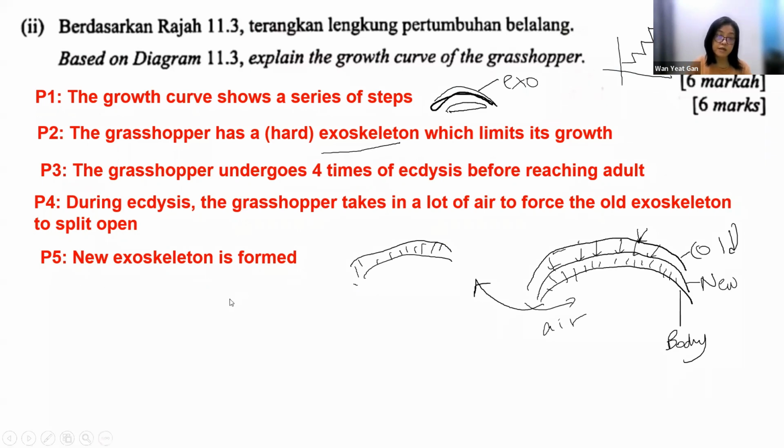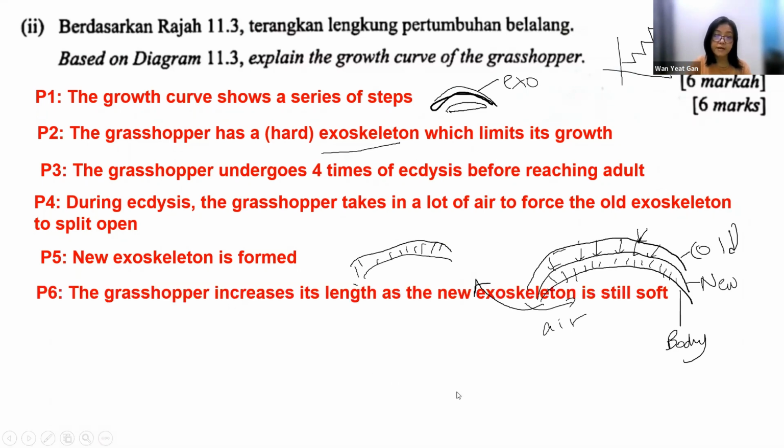So the new exoskeleton is formed, and before the new exoskeleton becomes hardened, the grasshopper will take in a lot of air again to increase its length. Okay, while the new exoskeleton is still soft, before it hardens, it quickly takes in more air, so that will increase the length a bit more. So that is why during this time here, the length increases. The graph is length here. This is time.